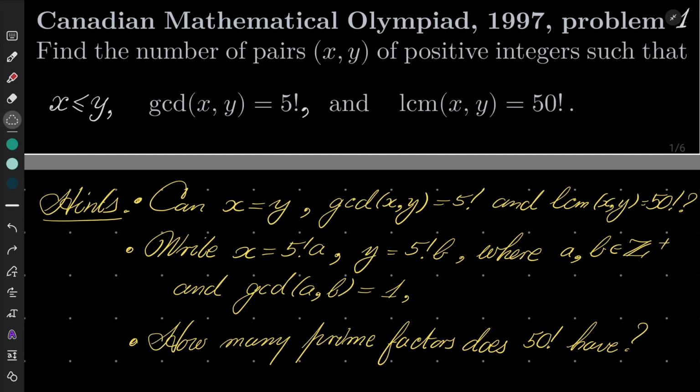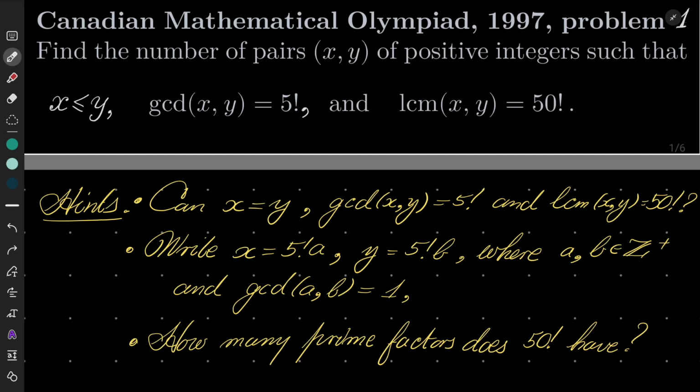y equals 50 factorial. So my hints for this problem: first of all, try eliminating this first condition by considering the case, can x be equal y, and can the other two conditions be satisfied at the same time.